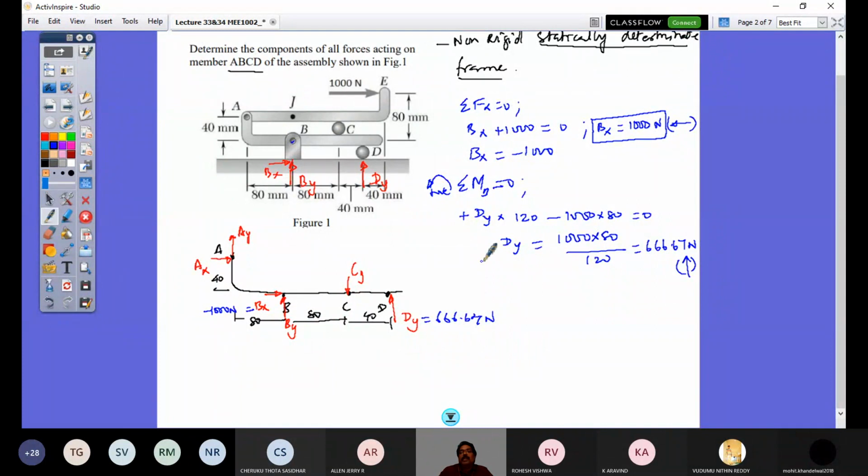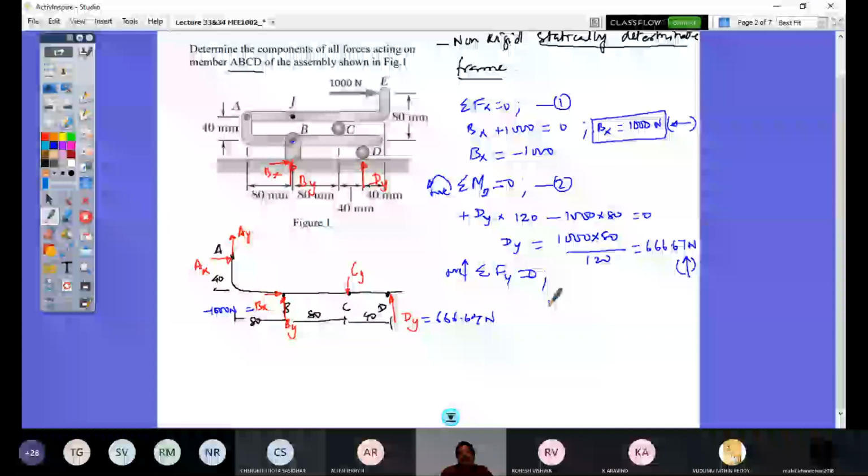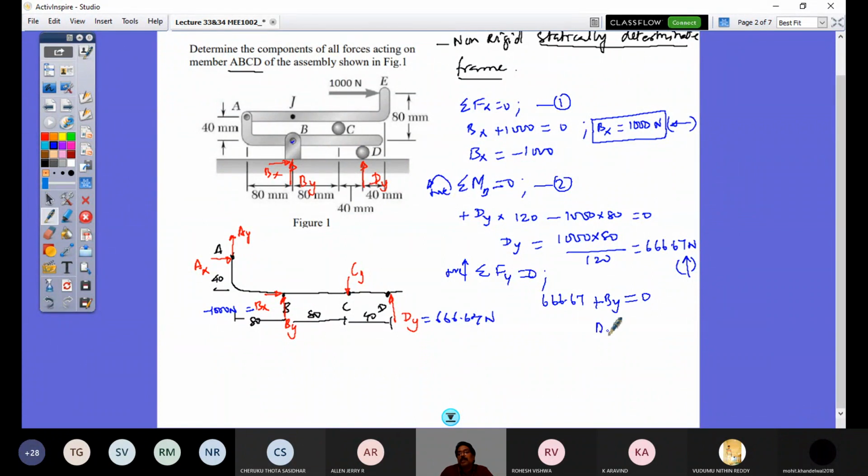This is my first equation, this is my second equation I applied. The third equation is sigma Fy equals 0, considering upward forces positive. I would have Dy, 666.67 Newton, plus By, and there is no vertical force other than these two. So this sum is equal to 0, and By is minus 666.67 Newton, and you should have the direction reversed.